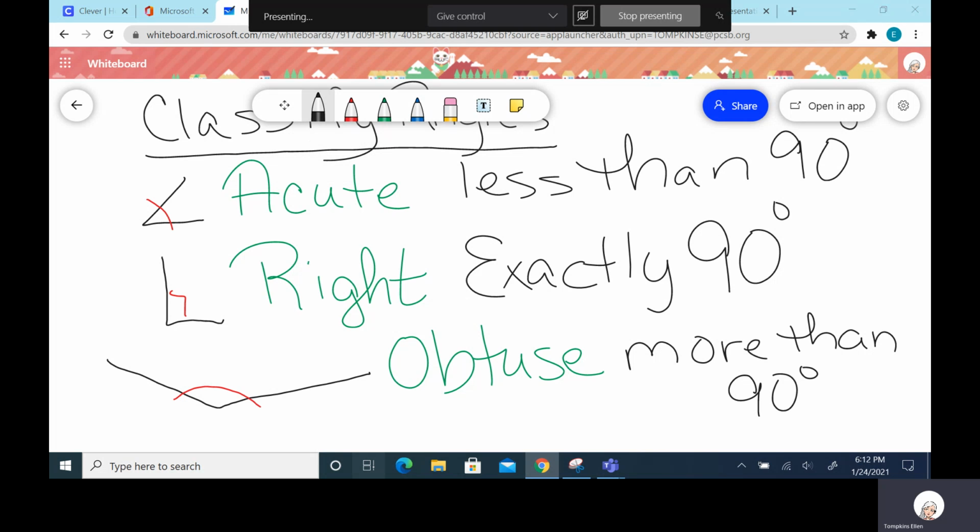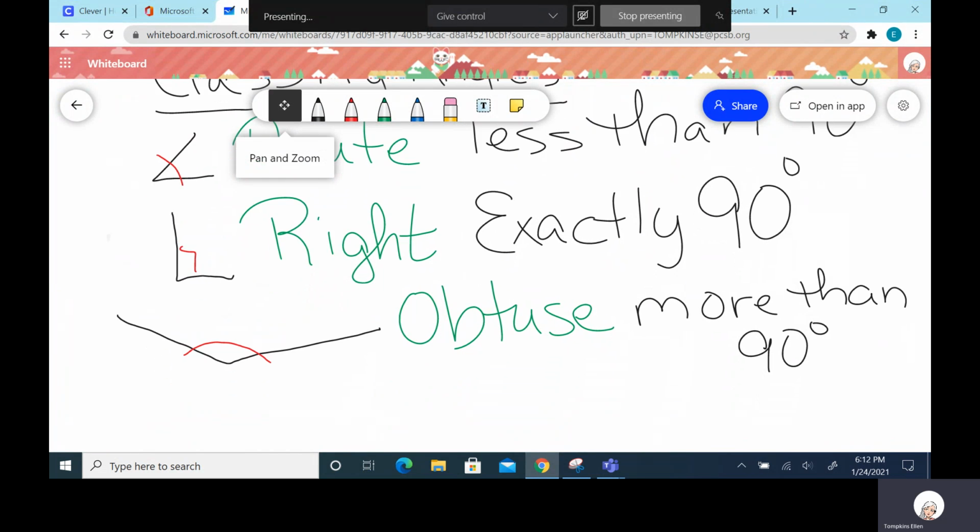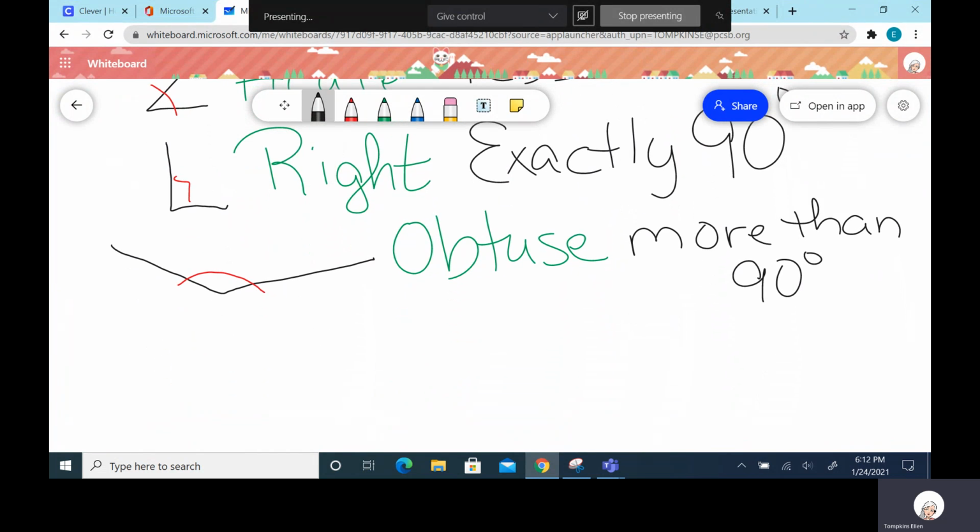Now, typically, that's all we end up using. But I'm going to give you a couple more. There is this one, which looks like a straight line. Well, we're looking at all the degrees contained right there, and that is called a straight angle.